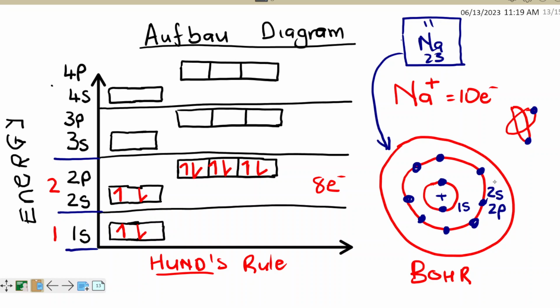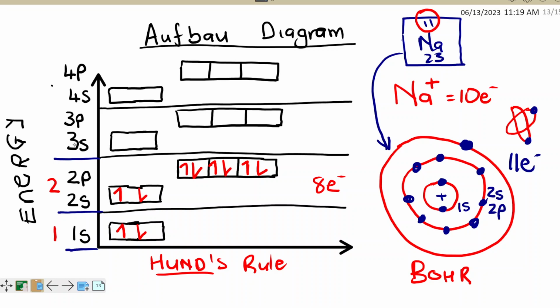Now we're going to the last valence orbital. Remember, we have now 2 plus 8, that's 10. According to the periodic table, sodium is supposed to have 11. So the last orbital is going to have 1 electron to make it 11 electrons.